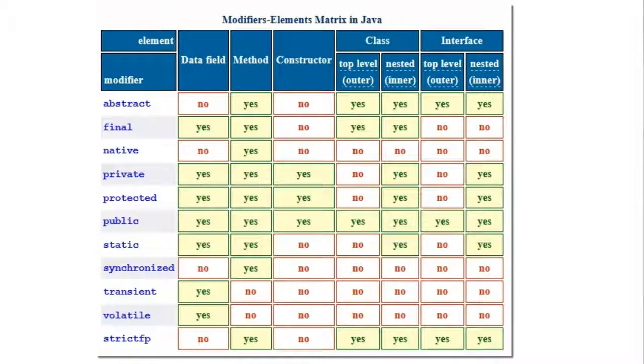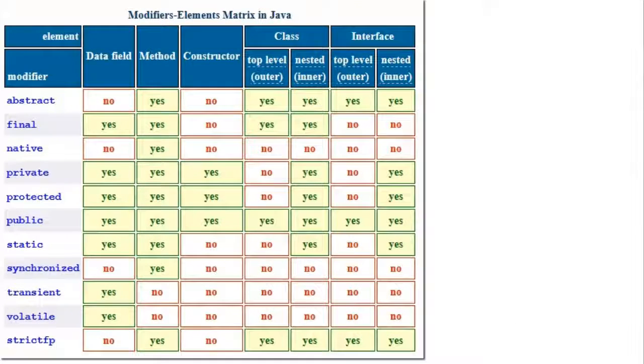Now let's talk about the class. You can declare your class as an abstract class, and your subclass, which extends the abstract class, can also be an abstract class. It is the same for the interface: your super and sub interfaces could be defined as abstract interfaces.